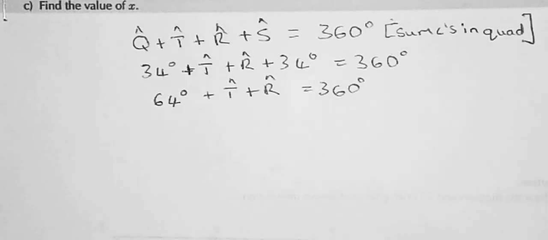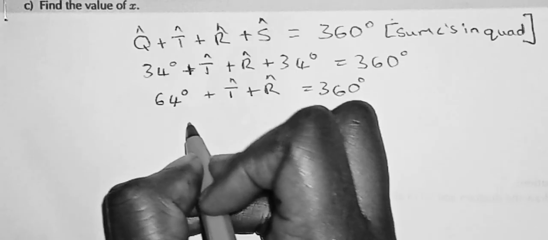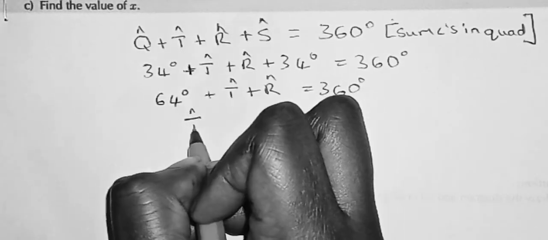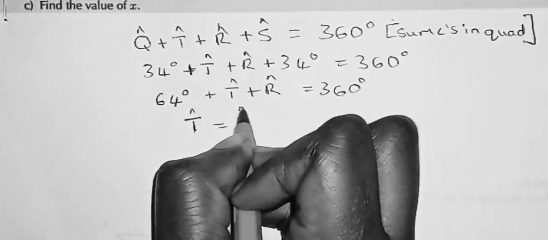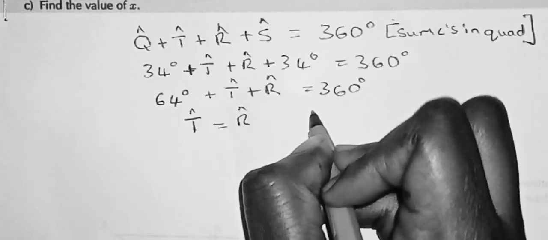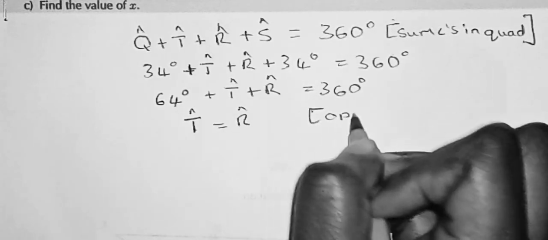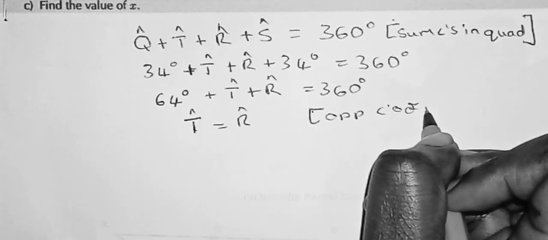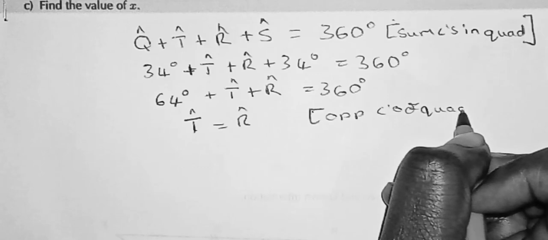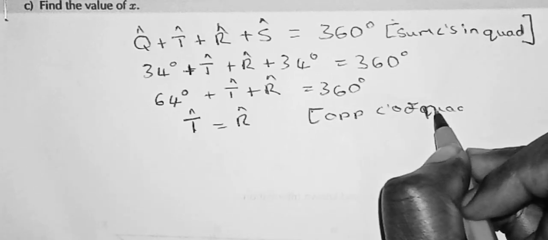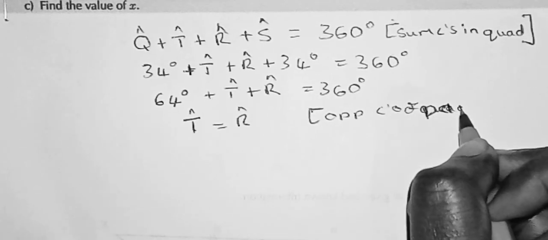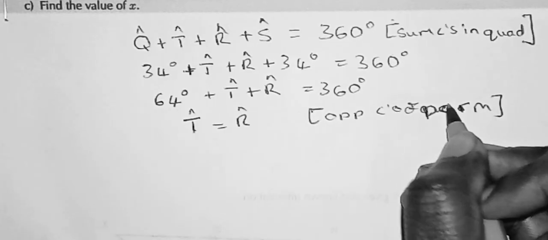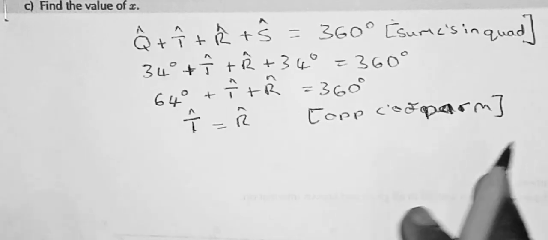So you know that opposite angles of a parallelogram are equal. So you say angle T is equal to angle R, and you give the reason, which is opposite angles of a parallelogram.